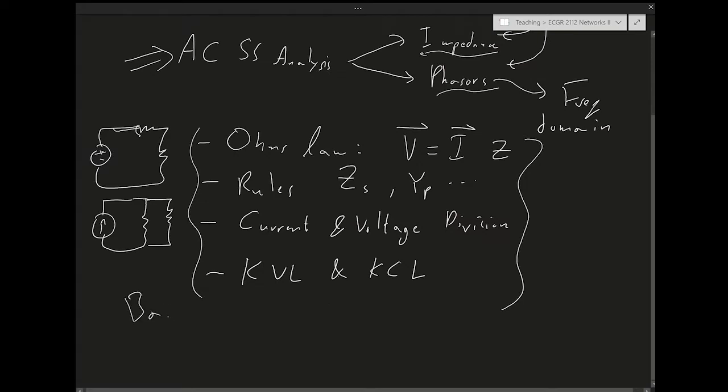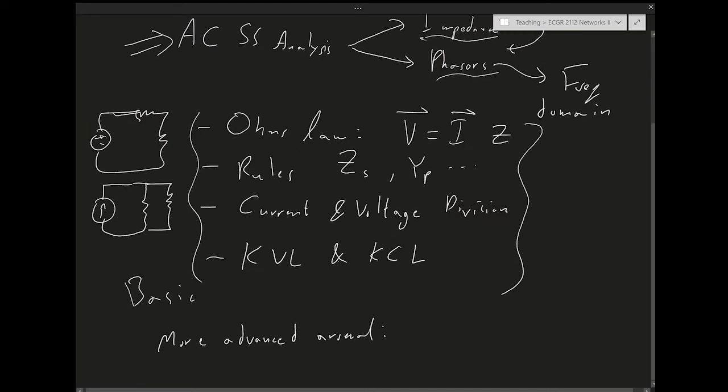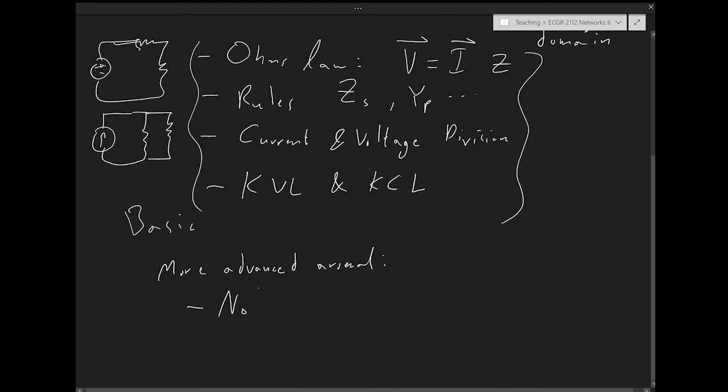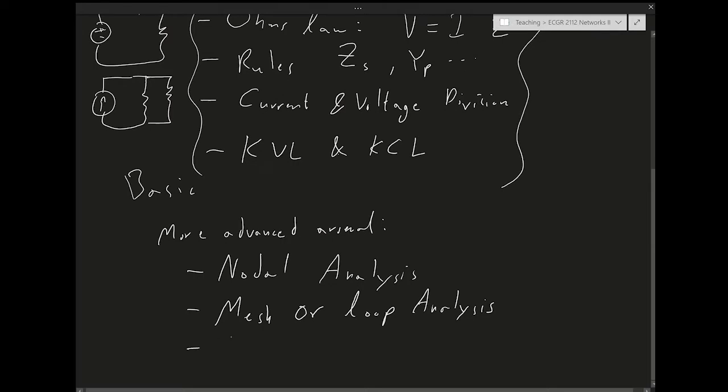So those are basic. And then there is a more involved, or I would say more advanced arsenal at our disposal, such as nodal analysis, mesh or loop analysis, superposition.